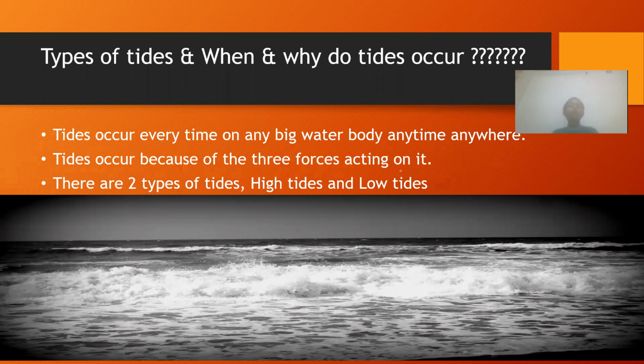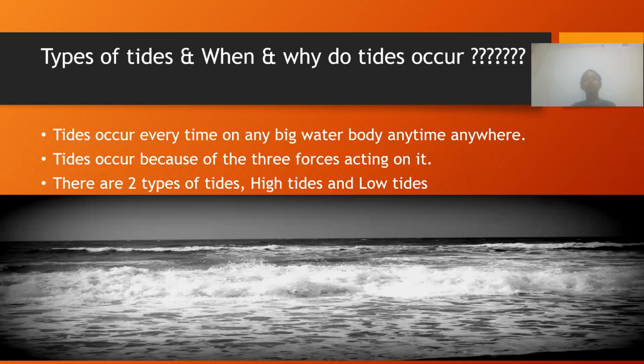Types of tides, and when and why do tides occur? Tides occur every time on any big water body, anytime, anywhere. And by big water body, I mean a sea, an ocean, a river. Not a pool, not a pond, but water bodies like seas, oceans, and rivers.